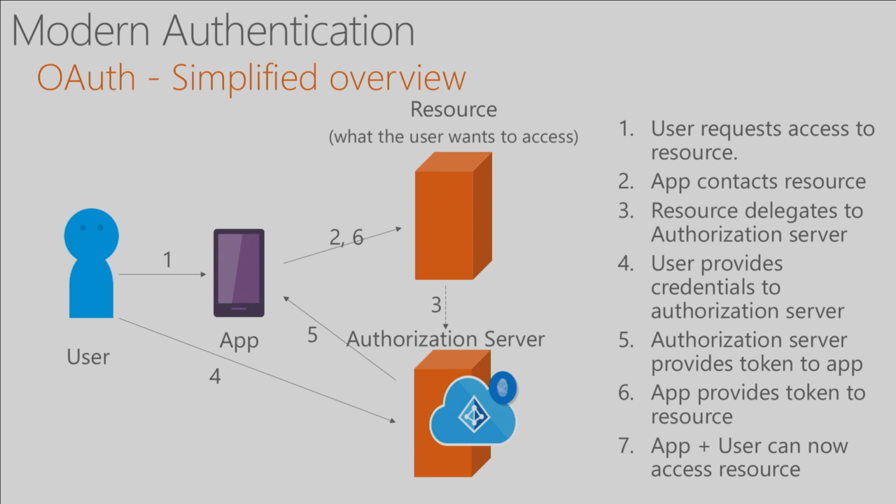One of the key things you would notice here is there's no passing back and forth of actual credentials. This is the key differentiator with modern authentication: you're dealing with tokens. It is secure in the sense that the user credentials are not stored on the device, nor being passed over the wire when you're actually doing authentication.